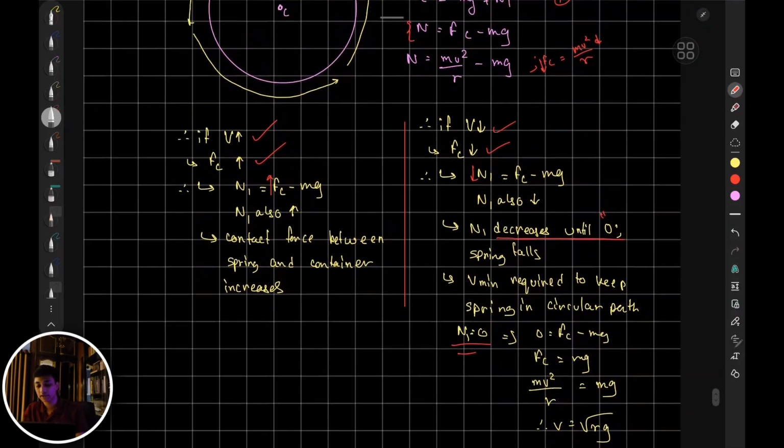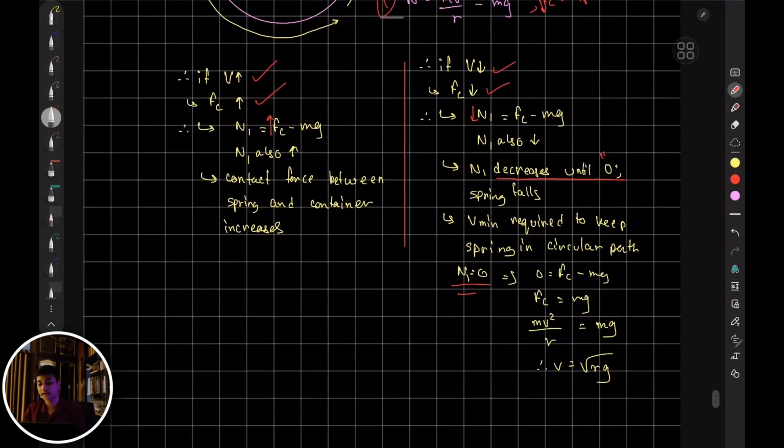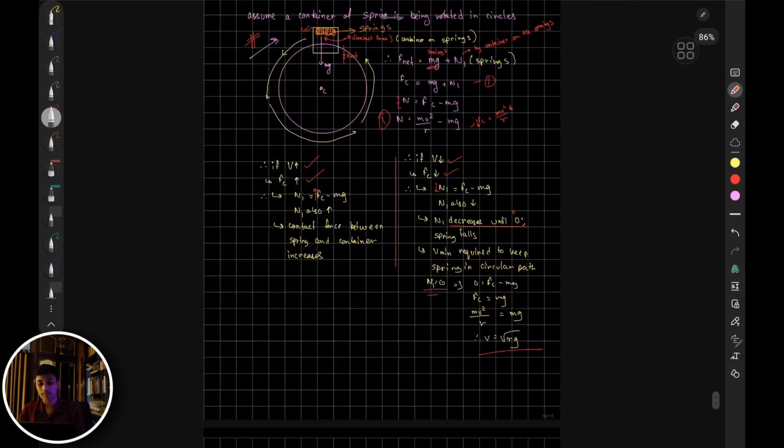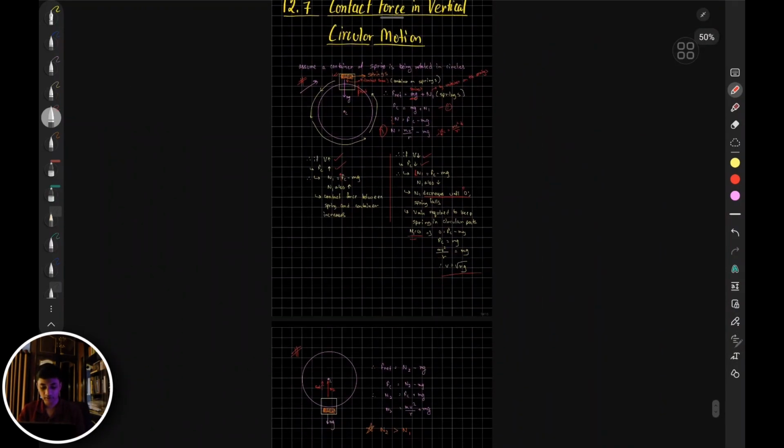If we plug in 0 in this equation, we get Fc is equal to mg, and back to the previous equation, we have velocity is equal to root rg. So, the same as before, if you apply the contact force as 0, you will get the minimum velocity. So, in both examples, the formula is V is equal to root rg. Fair enough.